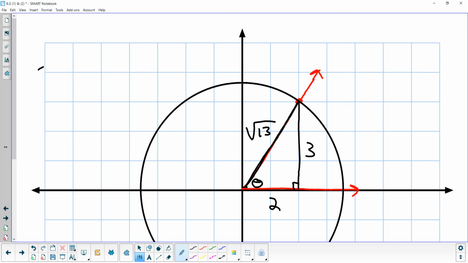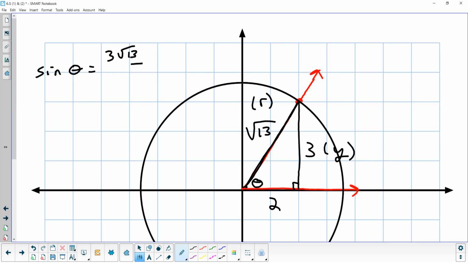All right, so we'll do the first 3. Sine is y divided by r. Well, this is your y. This is your r. We just used to call it hypotenuse. Now I'm looking at it as a radius of a circle. Same thing. What's the sine going to be in this case? Tim? 3 over square root 13. Yeah.